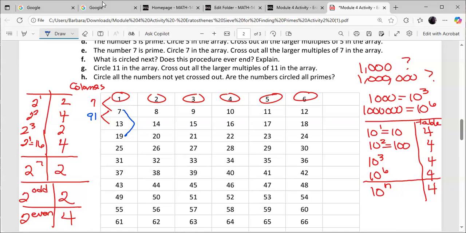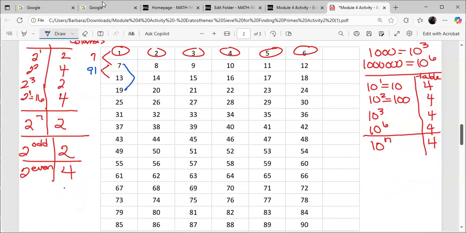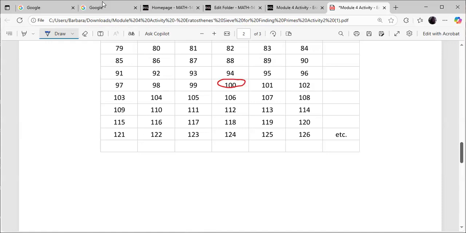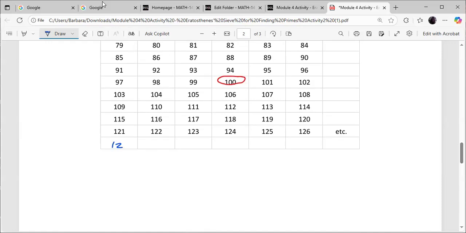So 19 times 7 is 133. If you want to test it, you could just keep going, and you wouldn't have to go that far, really. I don't mind doing this, but I would mind if it was really large.